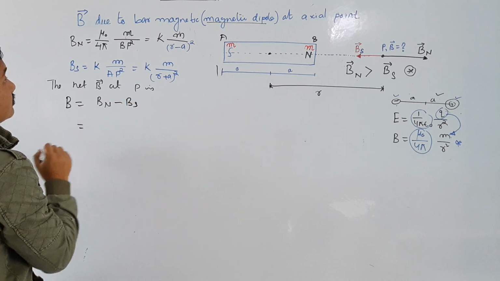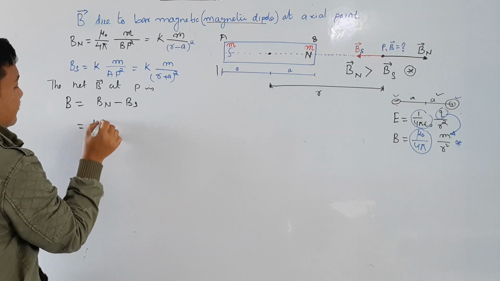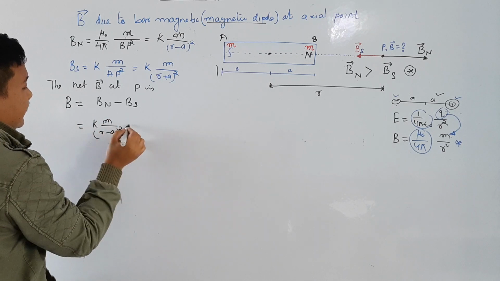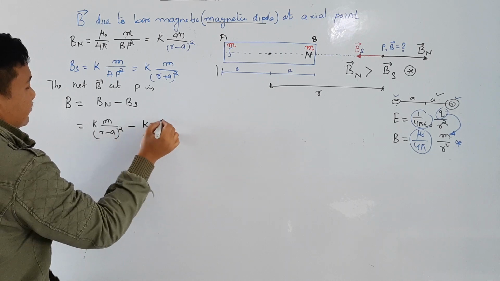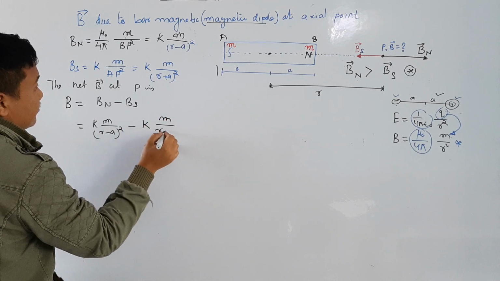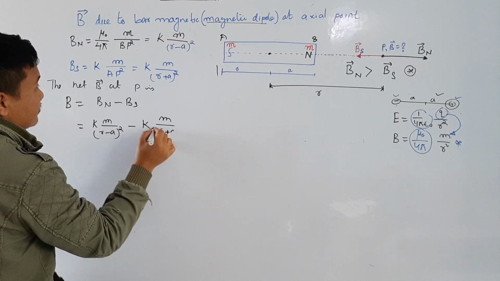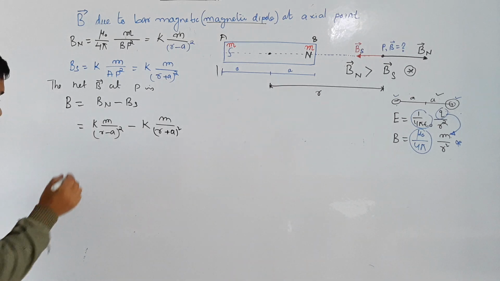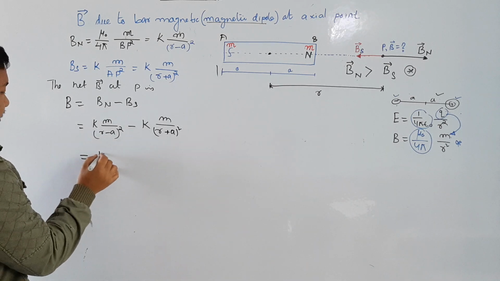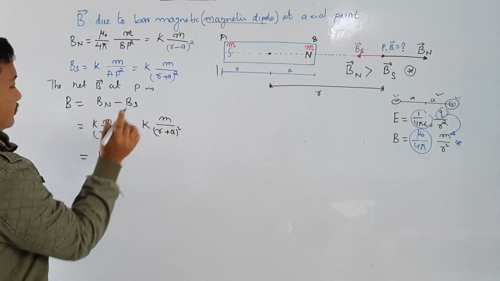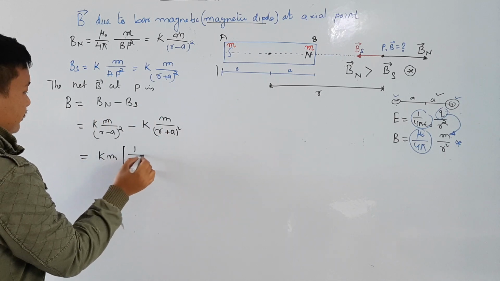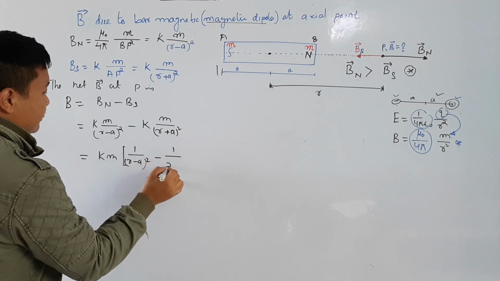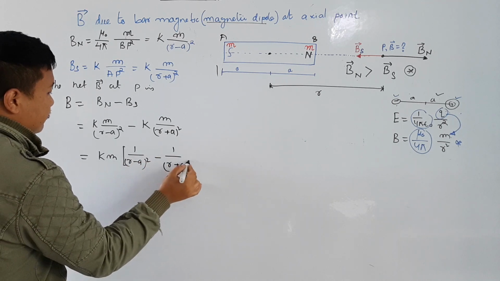So this is equal to how much? km divided by (r minus a) whole square, minus km divided by (r plus a) whole square. So this is equal to km common, then bracket 1 by (r minus a) whole square minus 1 by (r plus a) whole square.